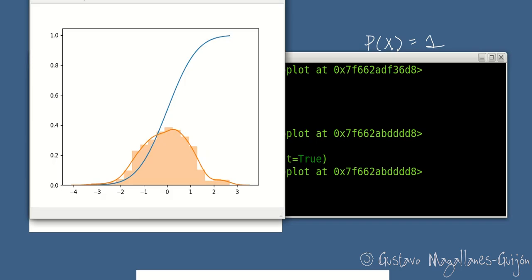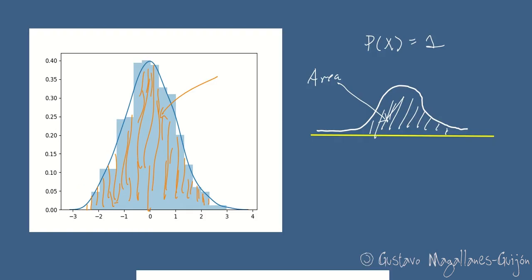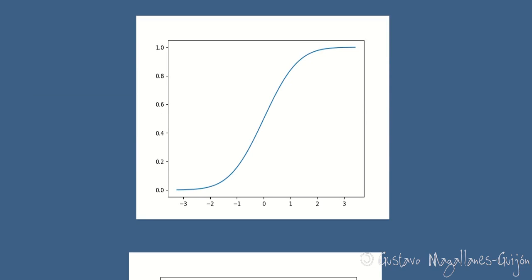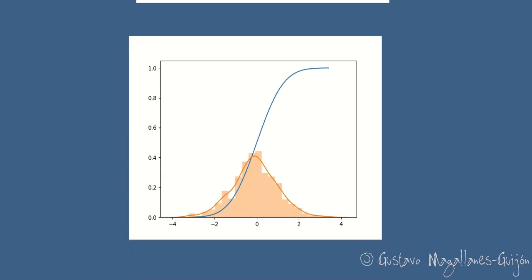And what does this plot represent? It represents that, for example, for this point, this area, which represents this variable, represents a probability.